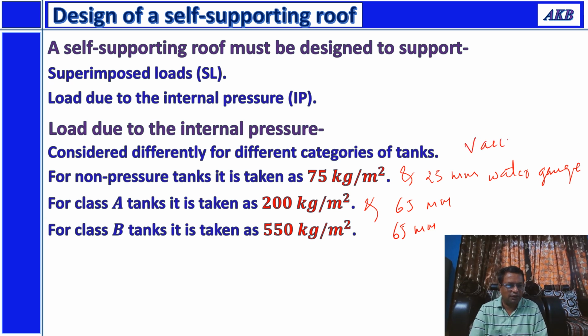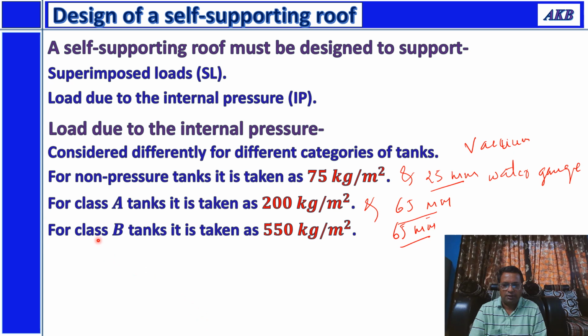If vacuum has to be considered for design, then these will be the values. Okay, so load due to internal pressure is considered in this way. For non-pressure tanks, it is 75 kg per meter square.